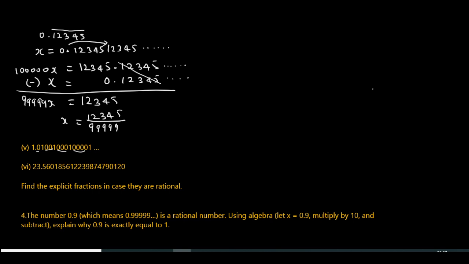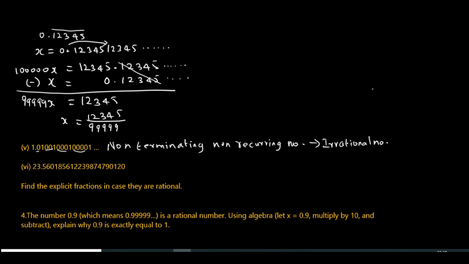So this is a non-terminating, non-recurring number. So we can call this an irrational number, because we cannot express this in the form of p by q.